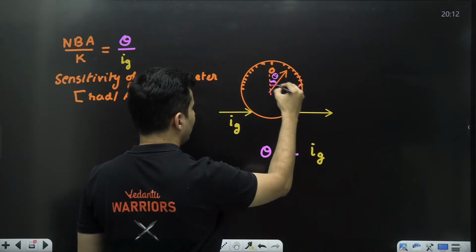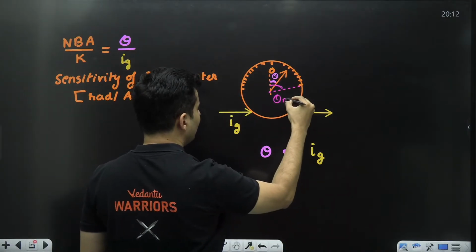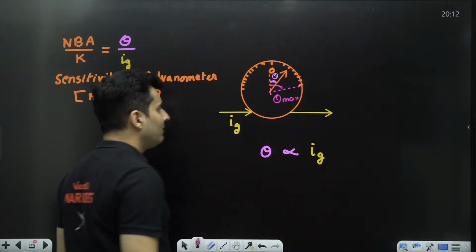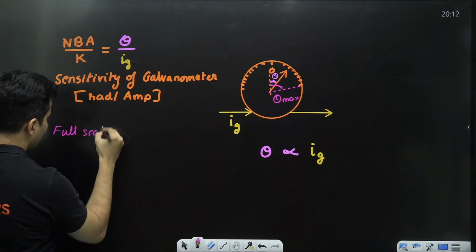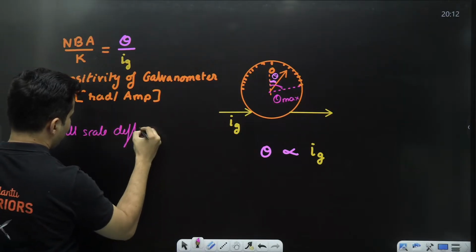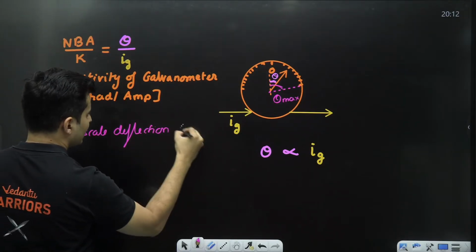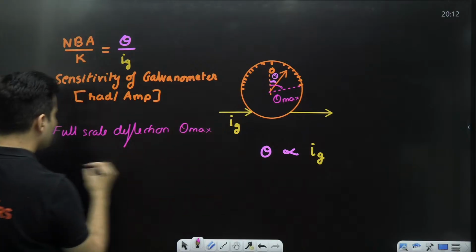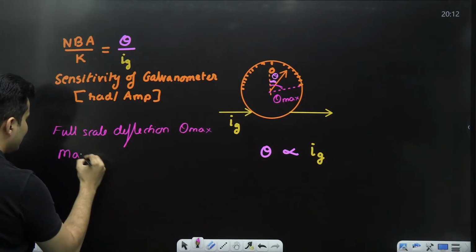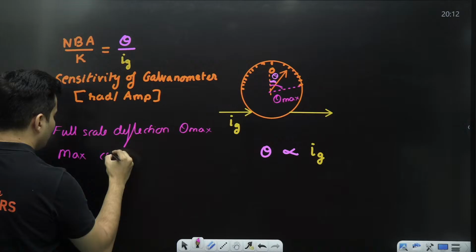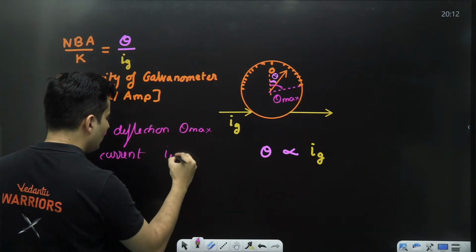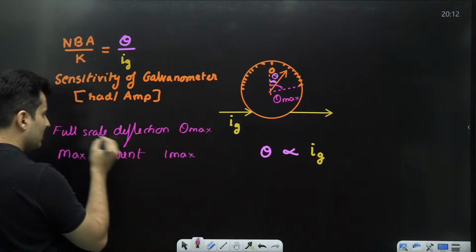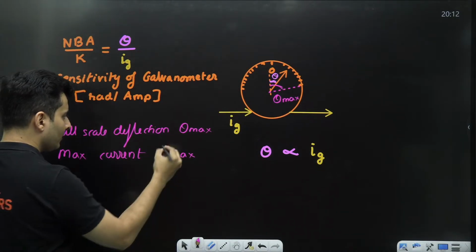So what you get over here is theta max, maximum deflection. So full scale deflection is basically theta max. So there is obviously maximum current which can be passed through the galvanometer. That will be I max, also called as a full scale deflection current.